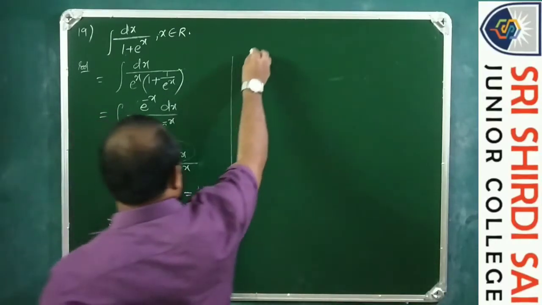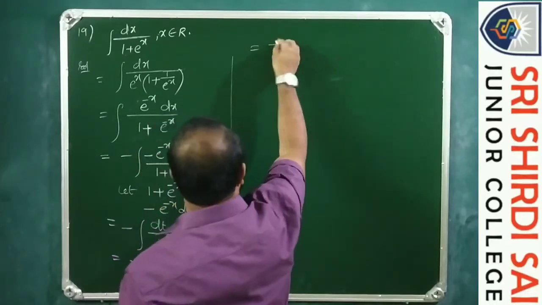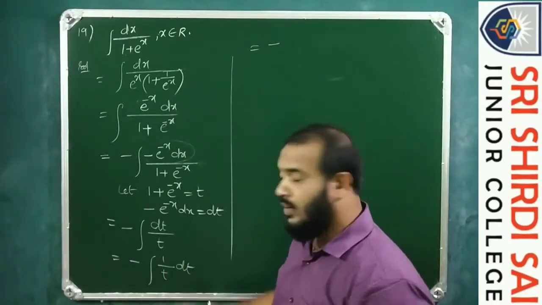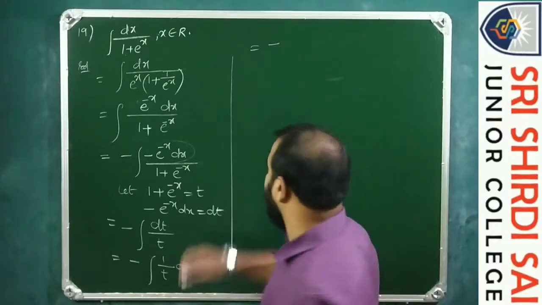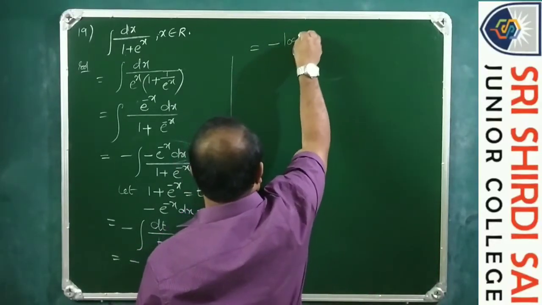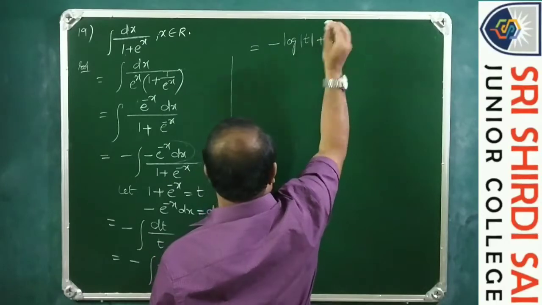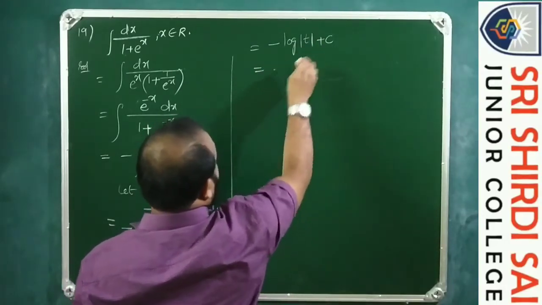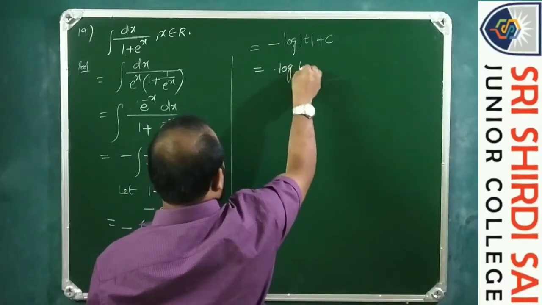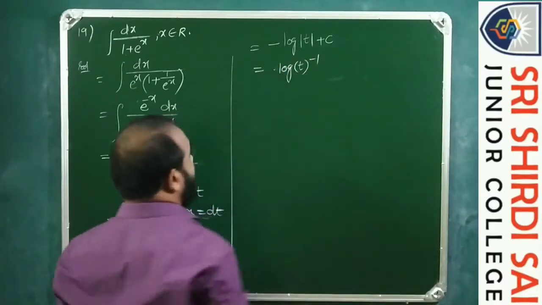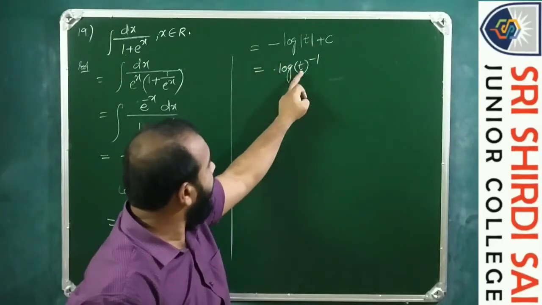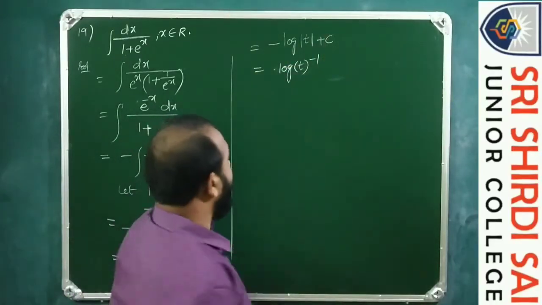Integral 1 by t dt is log mod t. So minus log modulus of t plus constant of integration c. So this is minus log t, which is log t power minus 1, according to the property that m log a is log a to the power m, plus c.